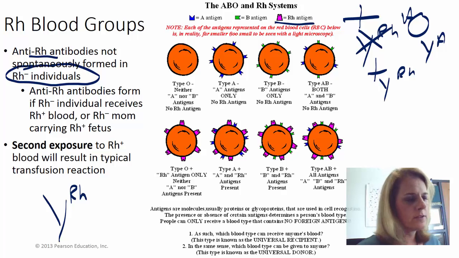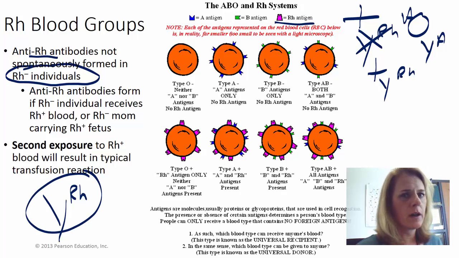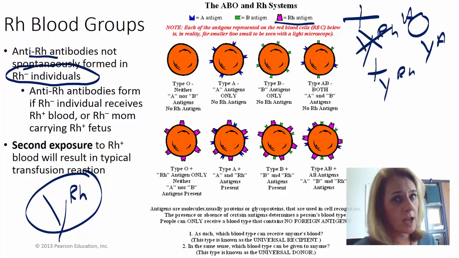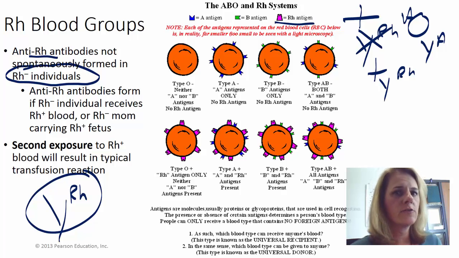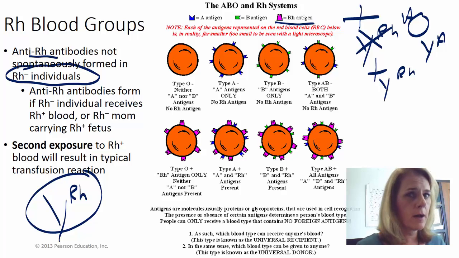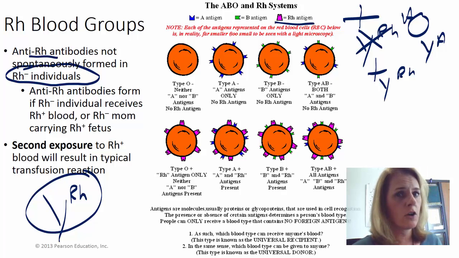They have to form those later on. You don't naturally have them. But you do form these antibodies if you're ever exposed to something that is Rh positive. So this becomes very important in talking about pregnant women. We're going to talk about what happens if an Rh negative mother has an Rh positive child, and we'll talk about that later.